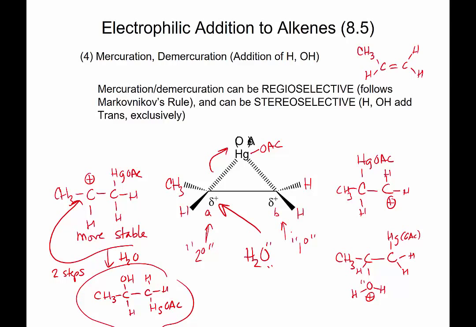So we really didn't go through that part of the mechanism because it doesn't matter. But now it does because I'm adding two different things through the triangular intermediate. When I do that, I've got to pay attention to the Markovnikov rule. Does that kind of make sense?